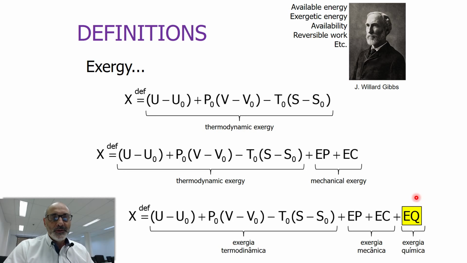What we're going to see today is how we can assess this term here, because potential energy and kinetic energy are 100% exergy, but this is not the case for chemical exergy. So we're going to see this today.